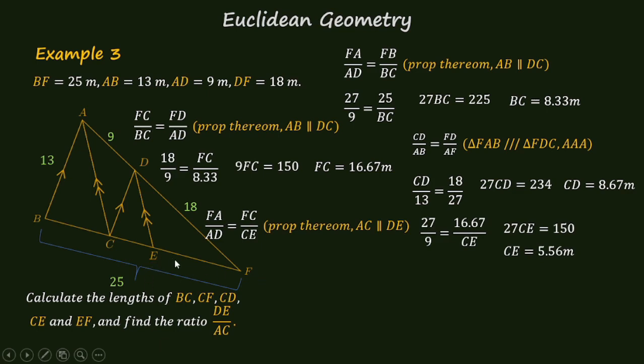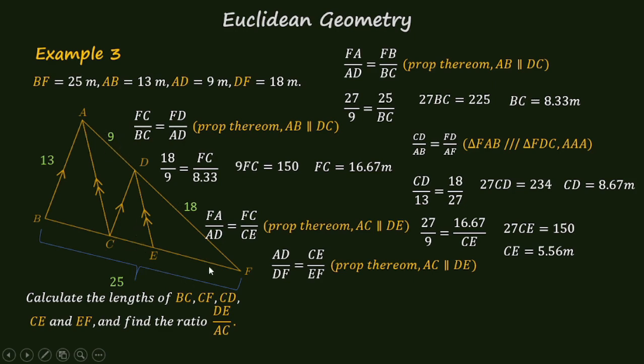Let's now look at EF. For EF, we still look in triangle FAC because AC is parallel to DE. To find the length of EF, we can simply say AD over DF equals CE over EF, because we have calculated the length of CE, we have the length of DF, we have the length of AD, they are given to us.